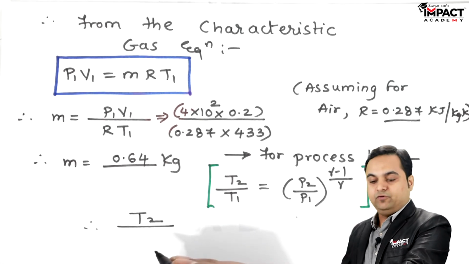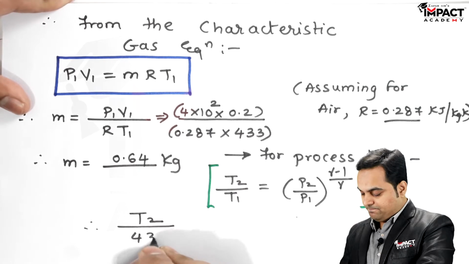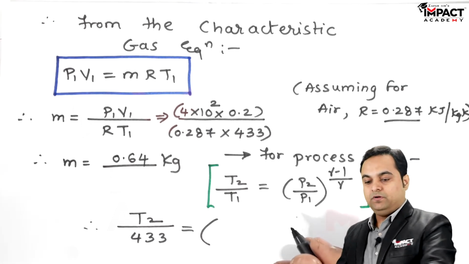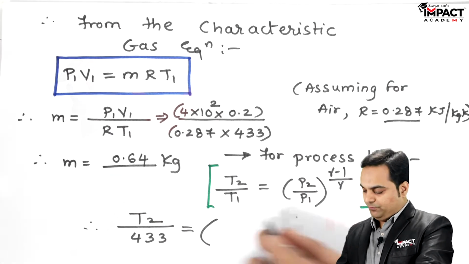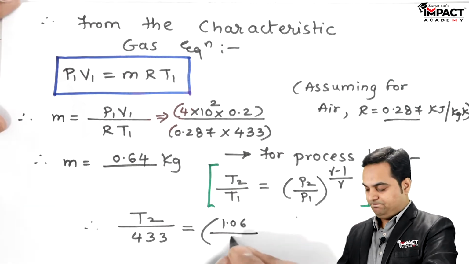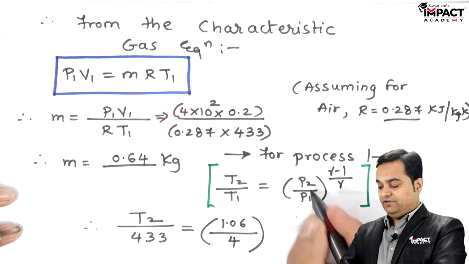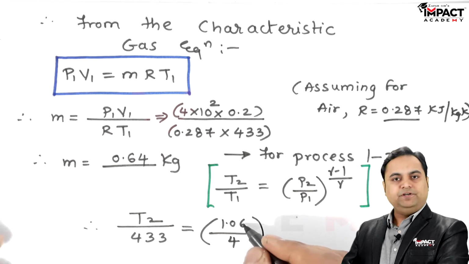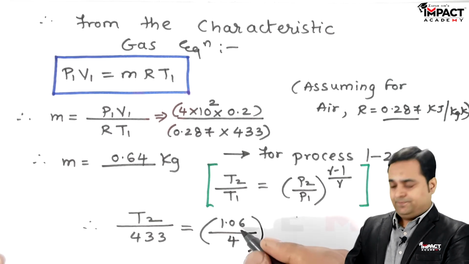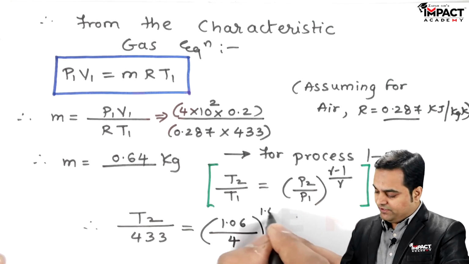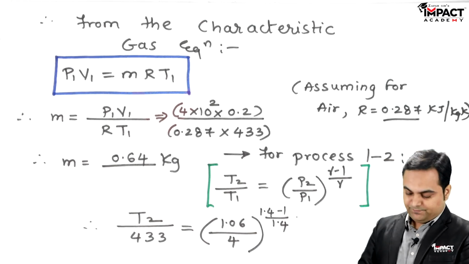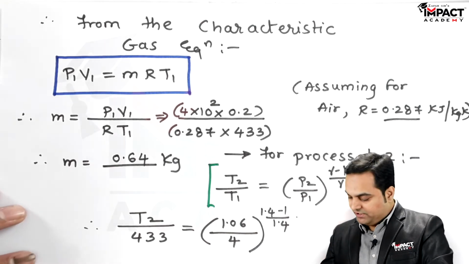T1 is given, it is 433. Then the pressure ratio, P2 is 1.06, P1 is 4. Now since it is a pressure ratio, either we keep it in terms of bar, Newton per meter square or kilonewton per meter square, it won't matter. Then gamma value for air is 1.4. On calculating this, T2 comes out to be 296.28 Kelvin.